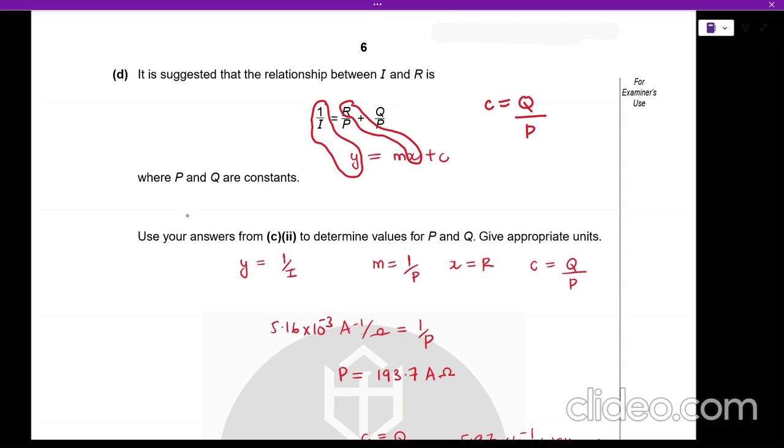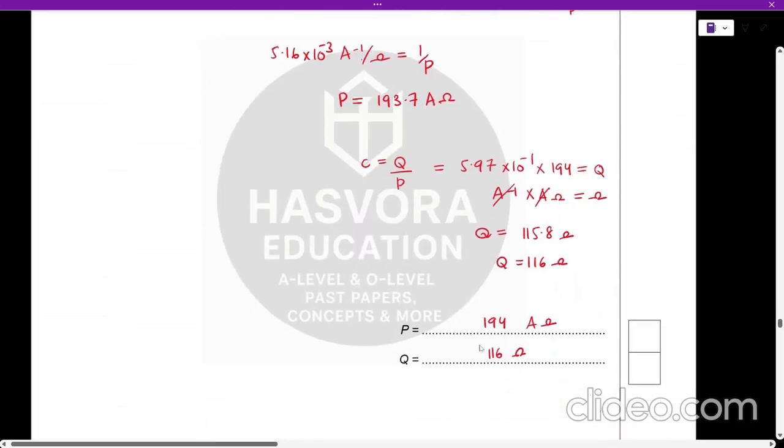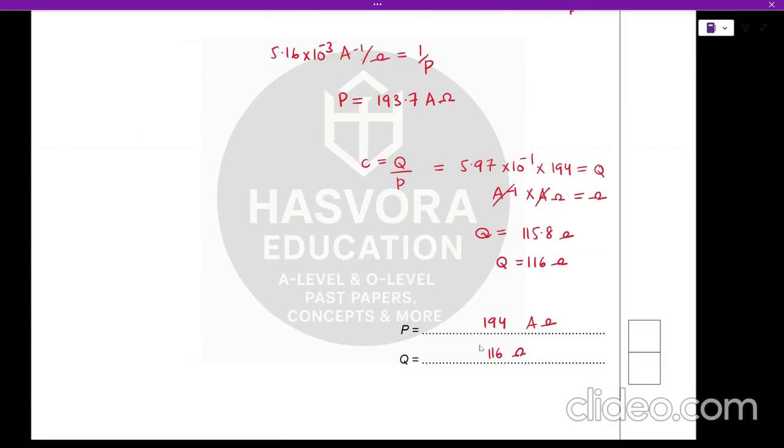The A^-1 is in the denominator, so you could shift it to the numerator as A, and ohm is already in the numerator, so it becomes, to three significant figures, 194 A Ω.